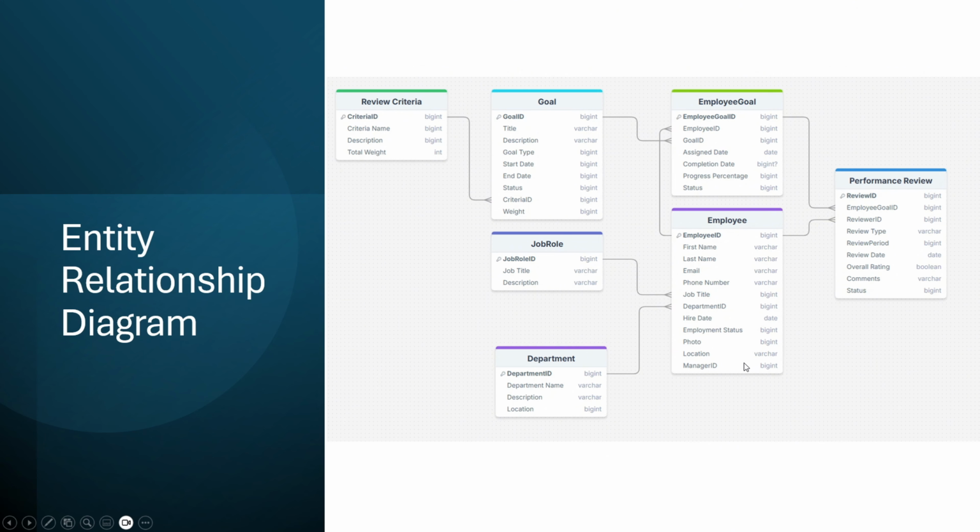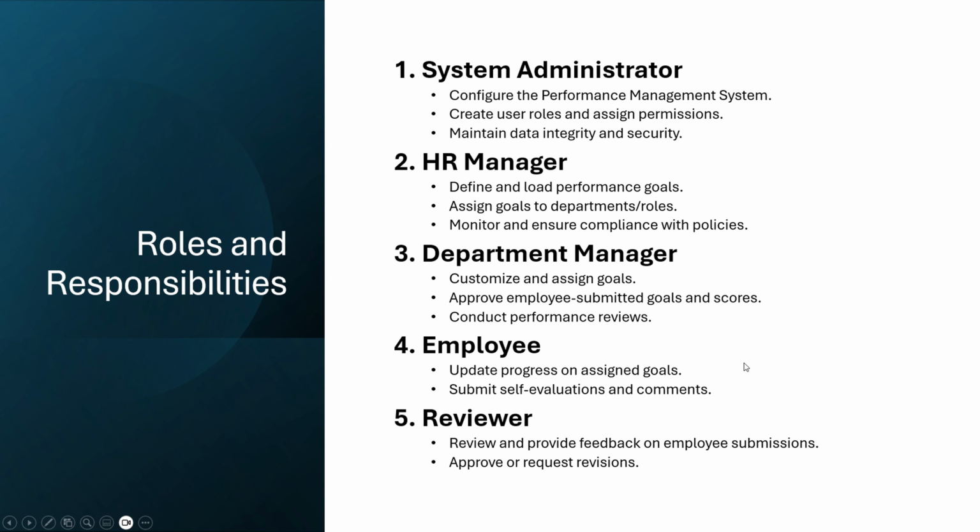Moving on, the system will have different roles and responsibilities, and I've listed them down here so that you can appreciate exactly what each and every user will be able to do within the system. A system administrator will be responsible for configuring the performance management system by creating user roles, assigning permissions, and so on.